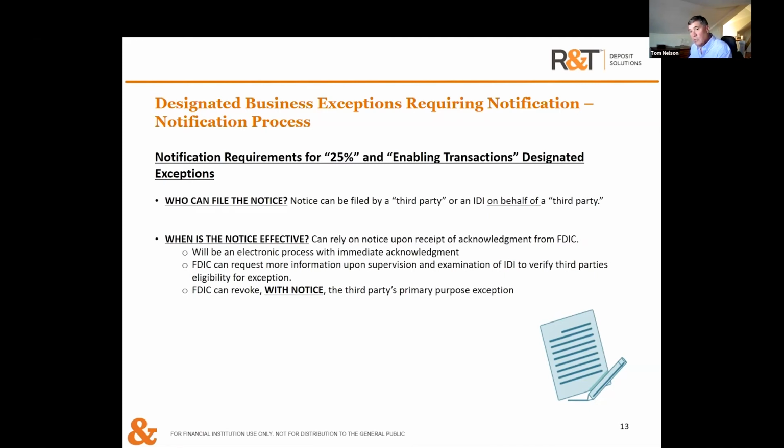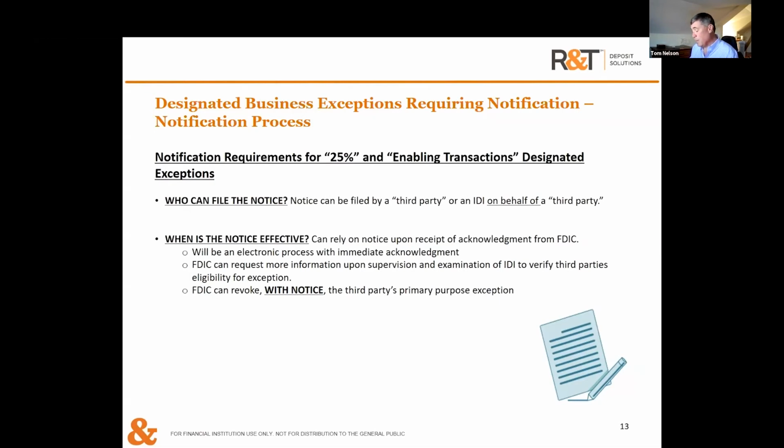The originating institution will have better access to capacity, to a variety of banks, and possibly to rate, because banks will consider these deposits more valuable than they would have had they been brokered. The FDIC has made it pretty clear in the rule that the notification process will be immediate.